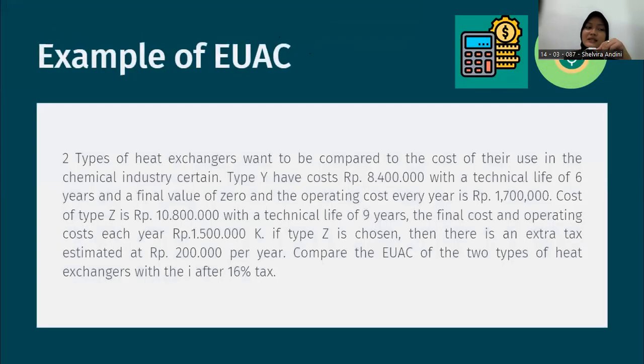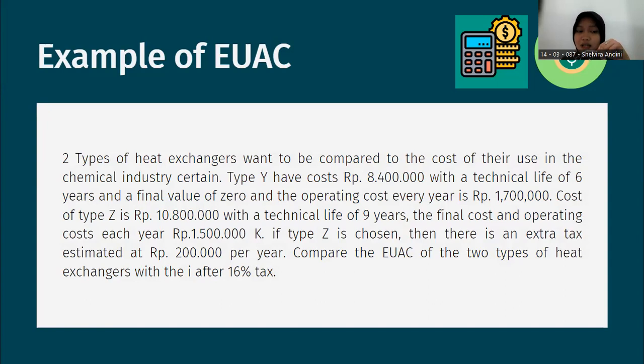Okay, next is an example of EUAC. There are two types of heat exchanger to be compared on the cost of their use in the chemical industry. Type Y costs 8,400,000 with a technical life of 6 years and a final value of 0, and the operating cost every year is 1,700,000.